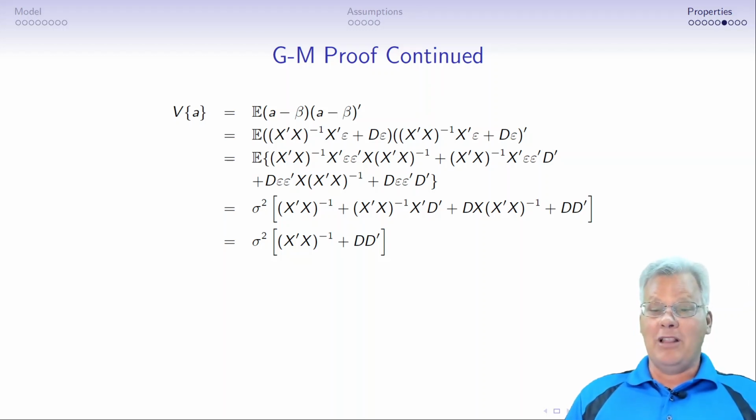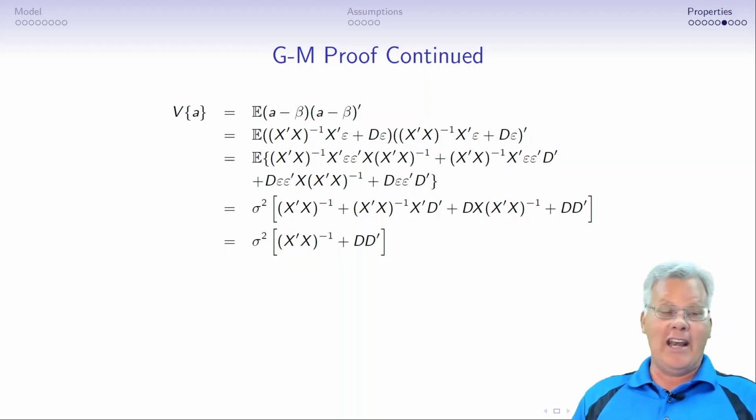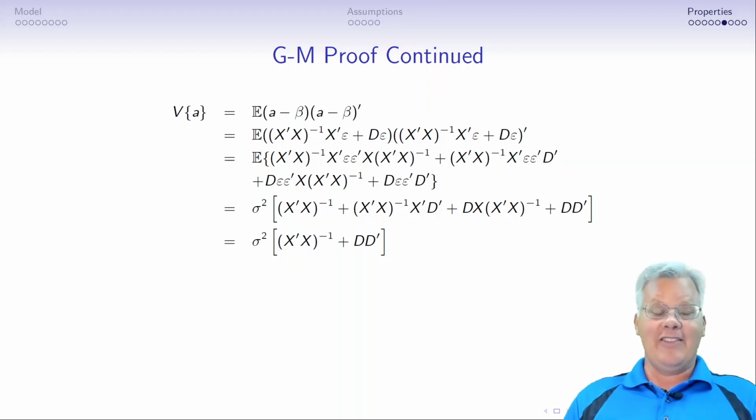So what this implies is that if I look at the fourth line, the second additive term and the third additive term both must be 0, because dx is equal to a matrix of zeros. And I get this simplified expression: the variance of A is equal to sigma squared times x prime x inverse plus d prime.